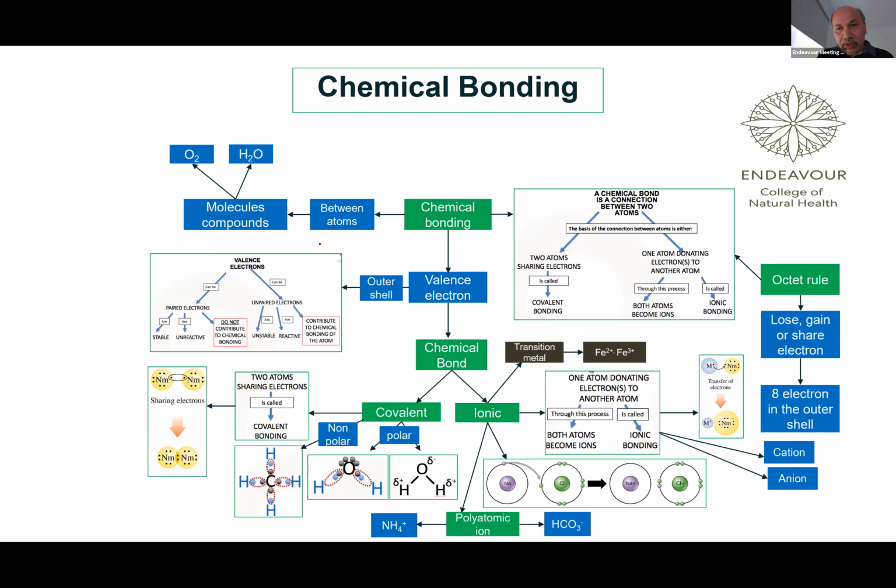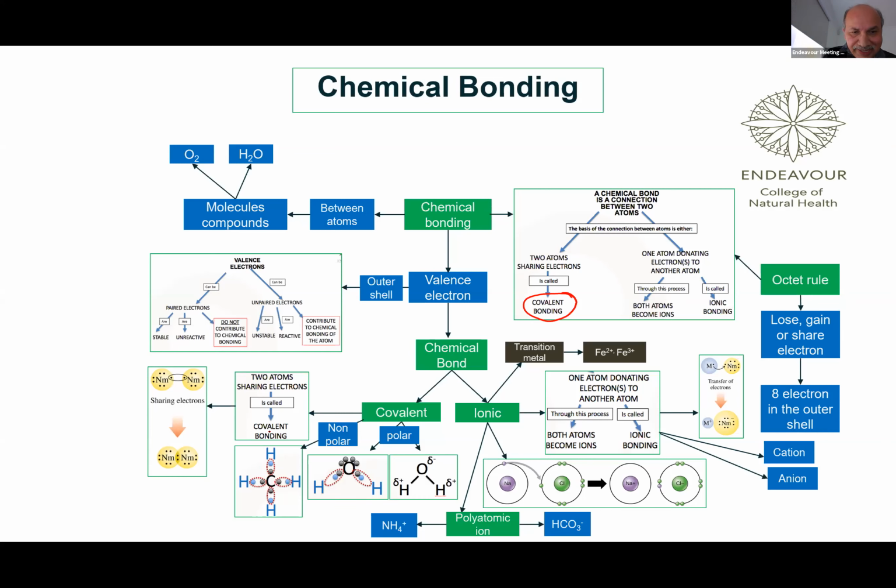Connection between atoms, 2 atoms sharing, is known as a covalent bond. For example, methane, covalent bond. 1 atom donating an electron, the other one gaining, between oppositely charged ions, you have ionic bonding. Water is an example of a polar covalent bond, methane is non-polar.